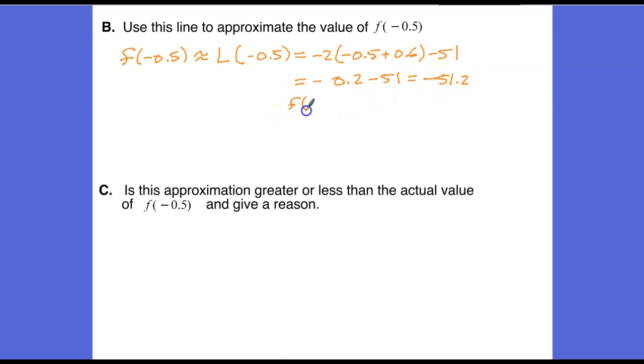So f of negative 0.5 is approximately negative 51.2.